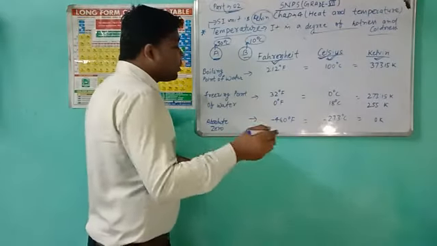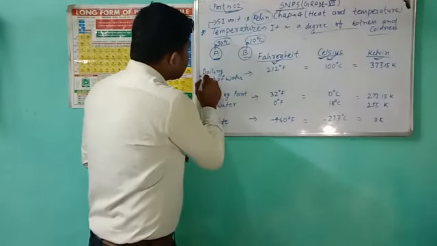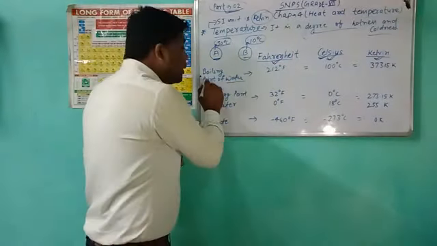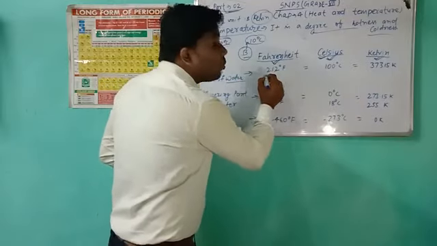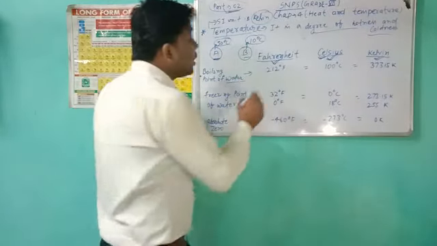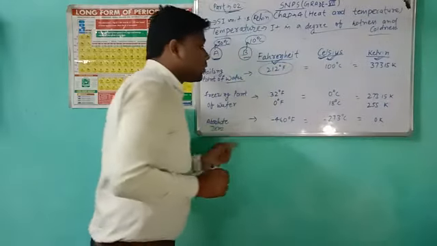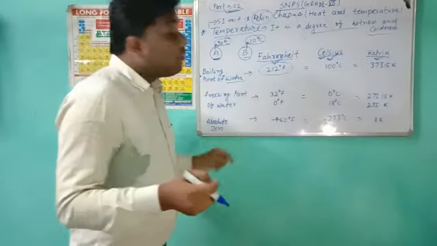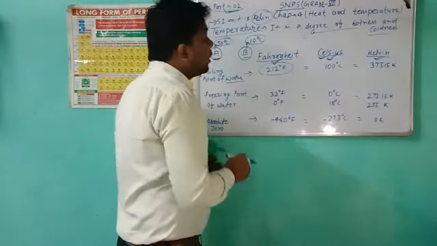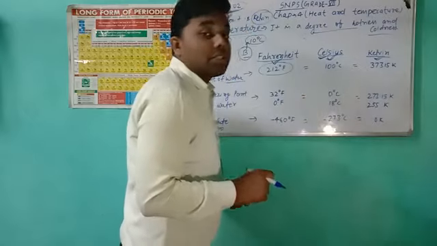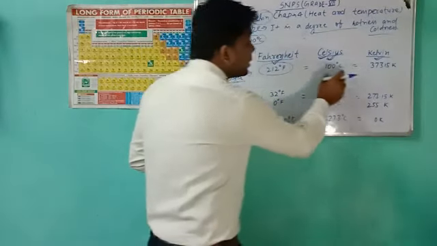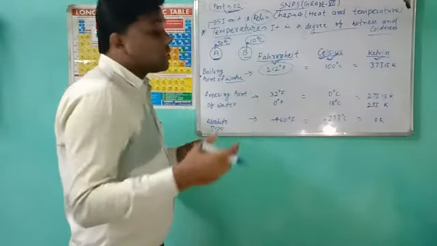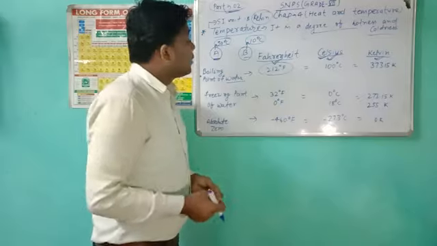Here I take some examples. The boiling point of water in the Fahrenheit scale is 212 degree Fahrenheit. Later on, I will show you the relationship between the Fahrenheit, Celsius, and Kelvin scales, but in another lecture.